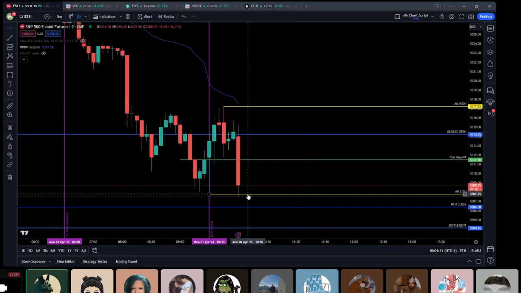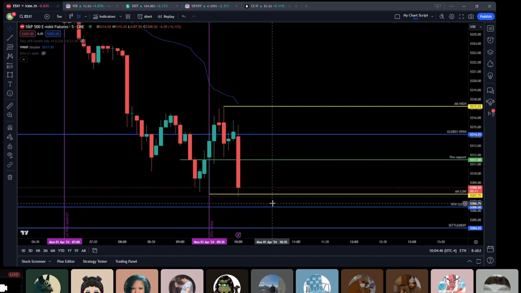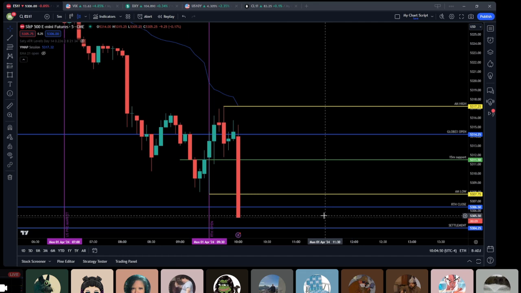And we just tapped the AM lows right here. Oof.